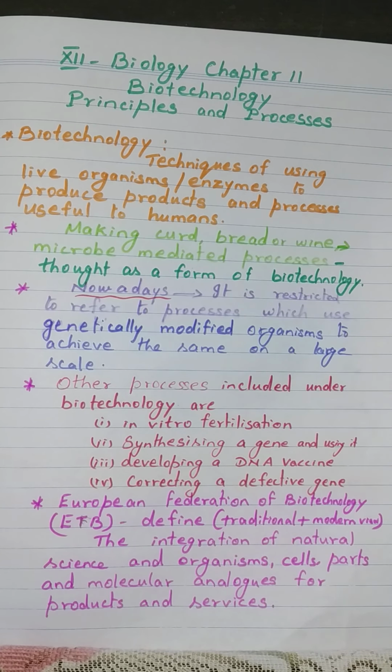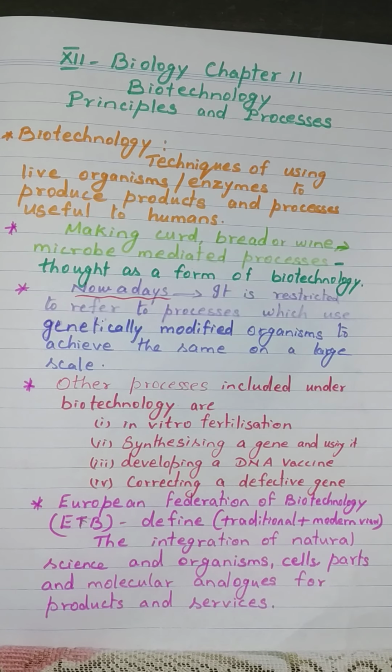But nowadays, making bread, wine and curd are not considered biotechnology, because biotechnology now refers to processes which use genetically modified organisms to achieve the same on a large scale. Nowadays they not only use prokaryotic cells, but modify the genes of the prokaryotic cells and use them for producing antibiotics and vaccines. Only those processes are now considered biotechnology.